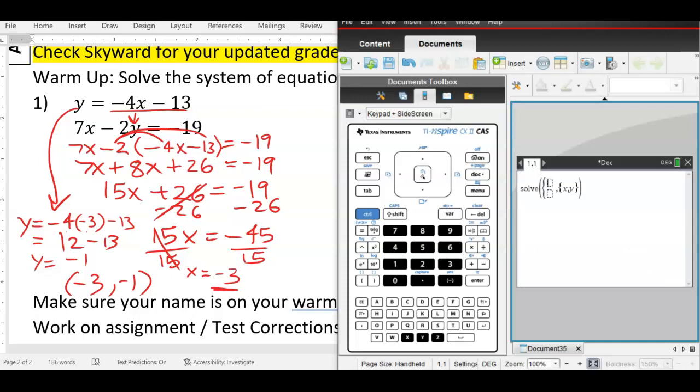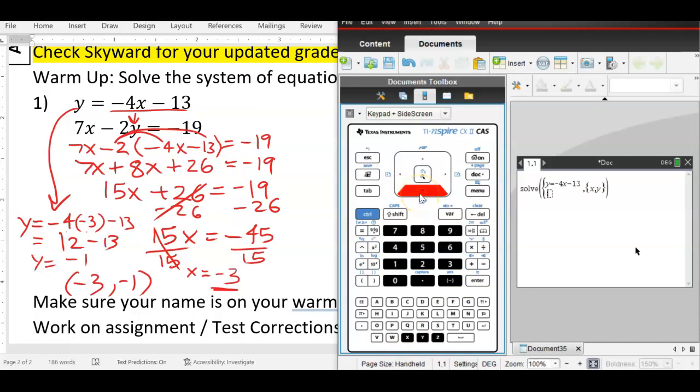So menu 3, 2, and in each of those boxes, you're going to type each equation. On top, we're going to put y equals negative 4x minus 13, and then go down and type the other equation, 7x minus 2y equals negative 19. And then you hit enter. So you type these in, I get negative 3 and negative 1.